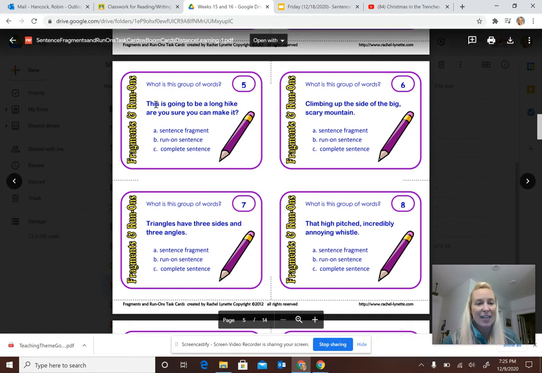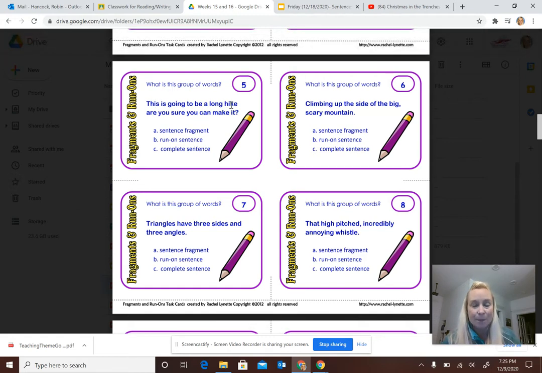The first thought is, this is going to be a long hike. The second thought is, are you sure you can make it? Those two thoughts would need to be separated with either a period or a comma and a conjunction word to be a complete sentence. Right now, it is a run-on because it's got that first thought running into the second thought without any punctuation in between to separate them.